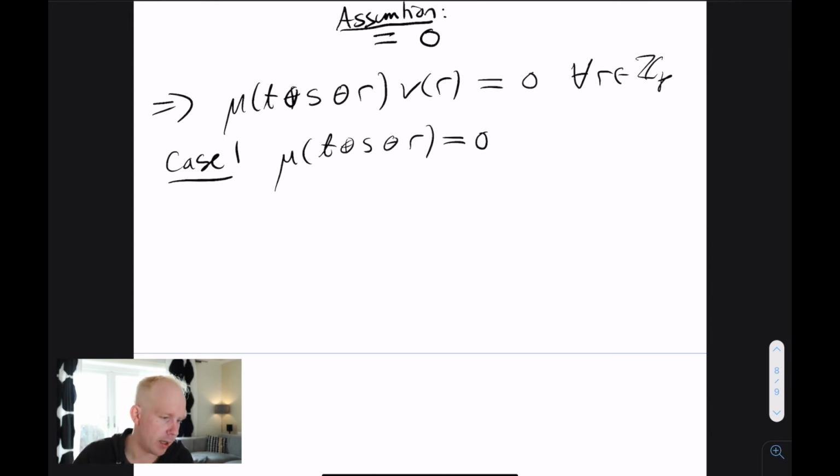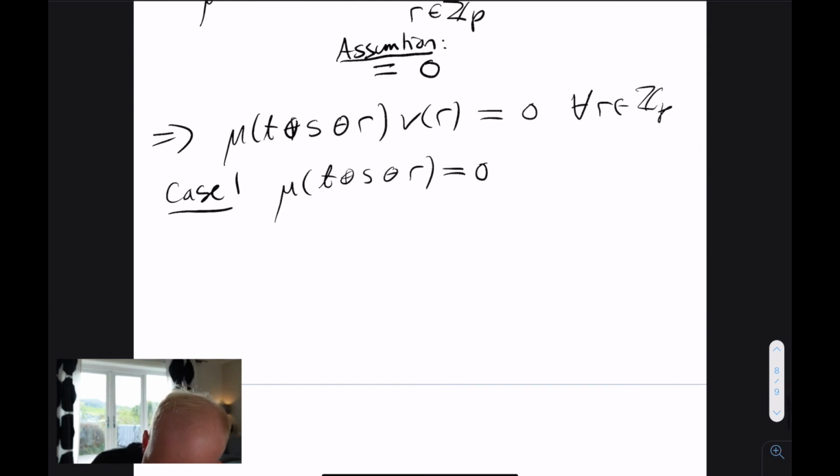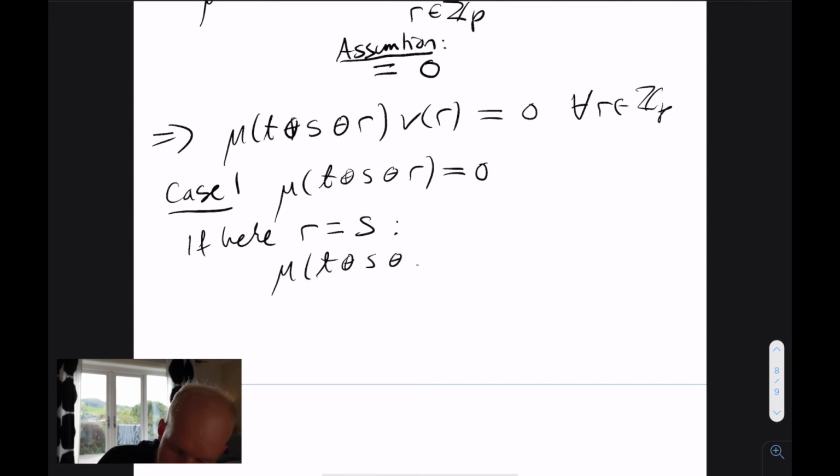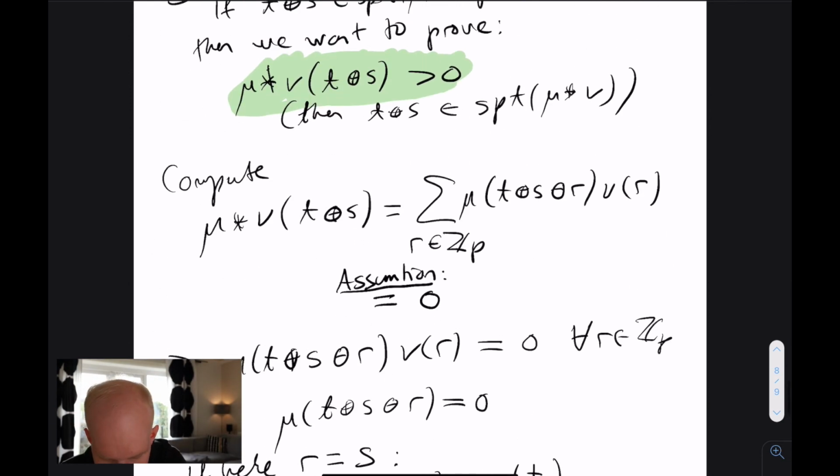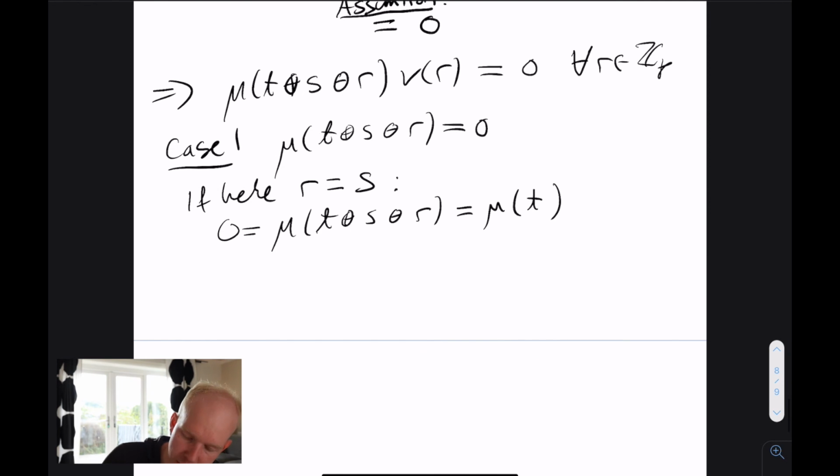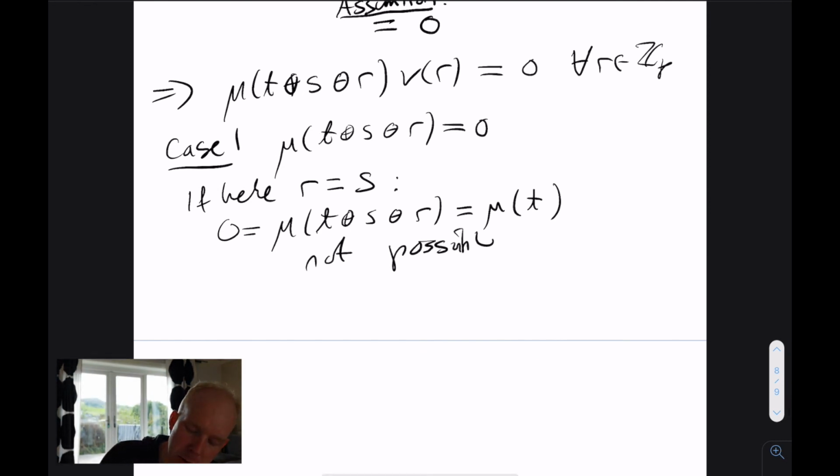If this happens for some r, and if we choose r equal to s, then we obtain mu(t plus s minus s), which is now equal to 0, and this is equal to mu(t), which is impossible because t belongs to the support of mu.